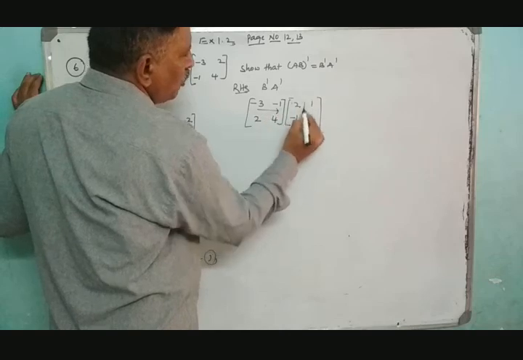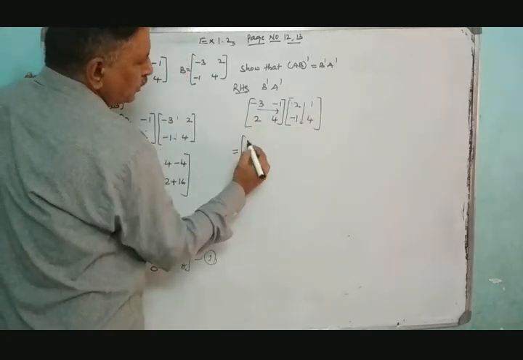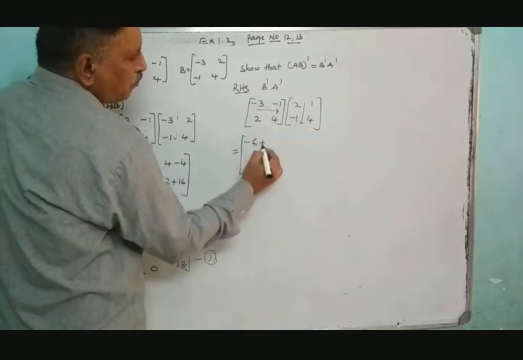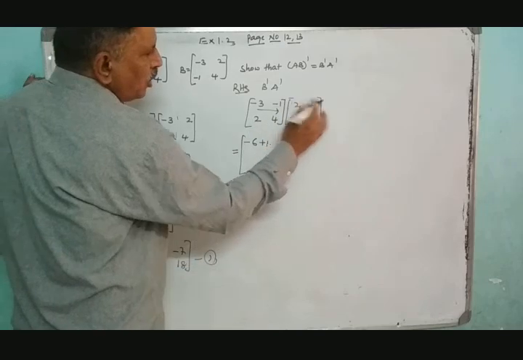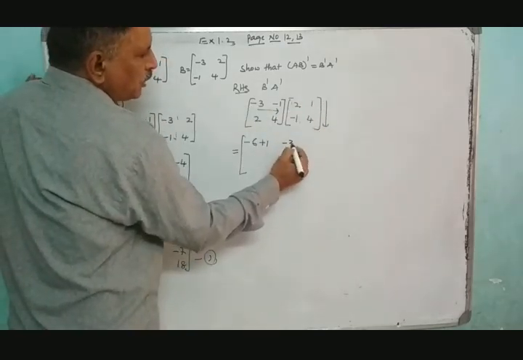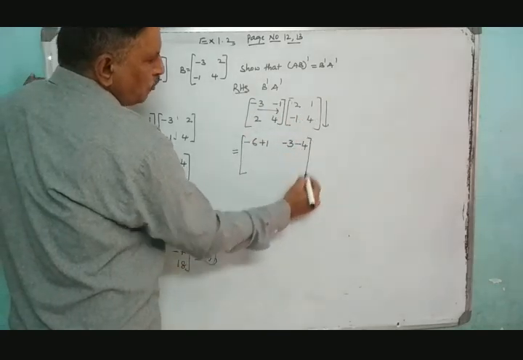So, first row, first column: minus 3 2 times is minus 6, plus minus into minus, plus 1, so minus 5. First row, second column: minus 3 into 1, minus 3, minus into plus, minus 4, so minus 7.